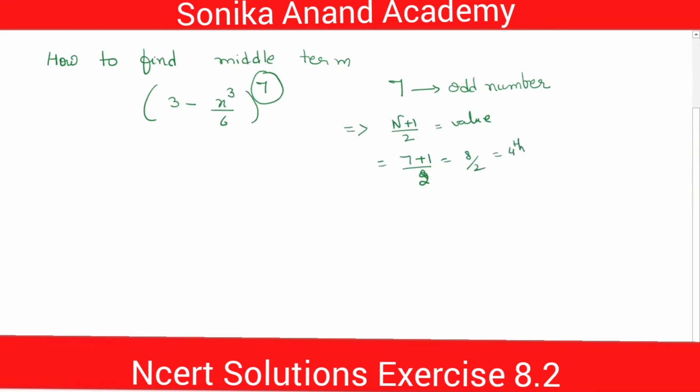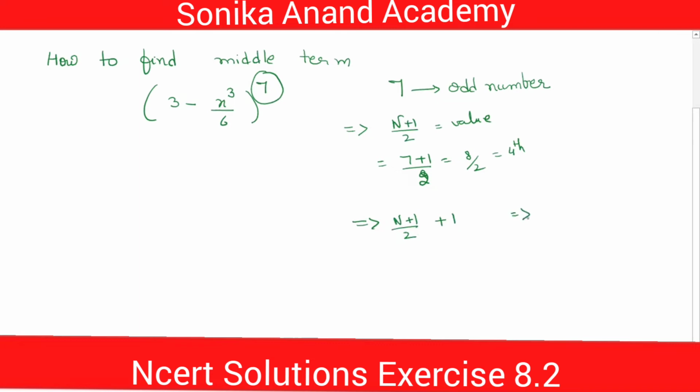So when there is a case of odd, there are two values. This is one and the second one is (n + 1)/2 plus 1.